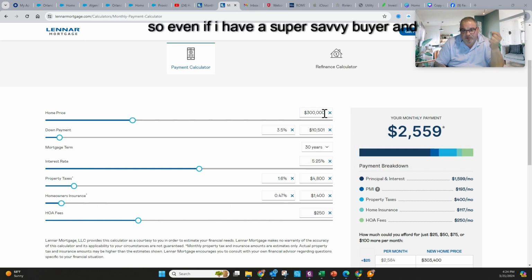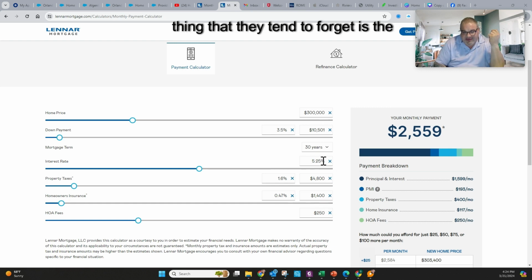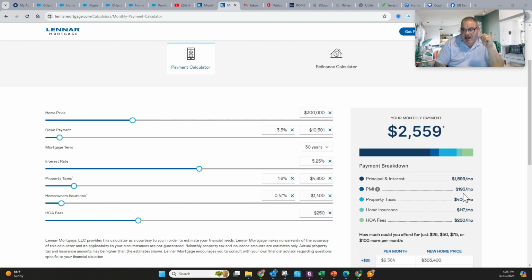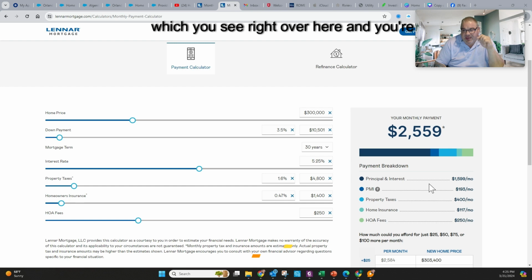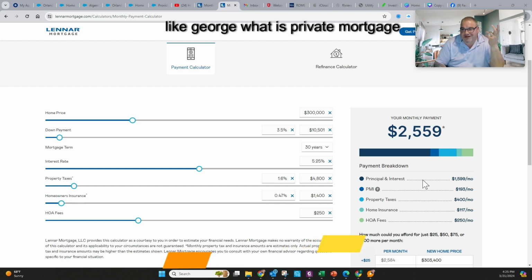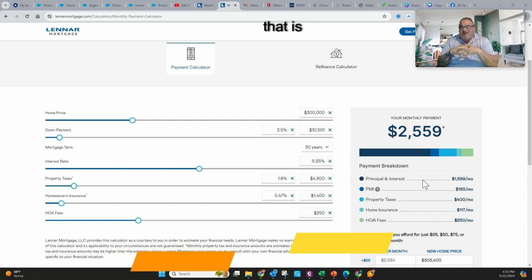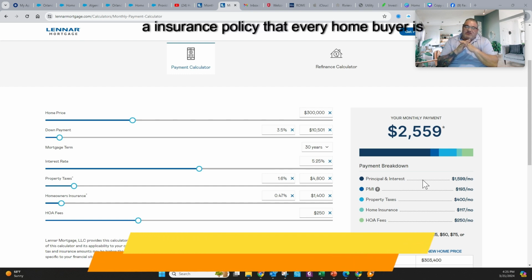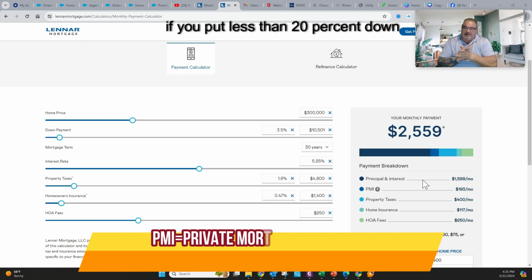So even if I have a super savvy buyer and they've calculated a lot of this, the one thing they tend to forget is the private mortgage insurance, which you see right over here. And you're like, George, what is private mortgage insurance? That is an insurance policy that every home buyer pays if you put less than 20% down.